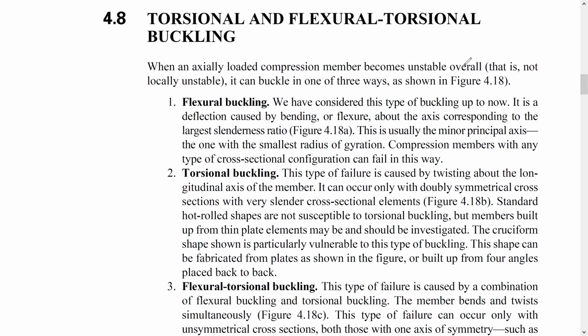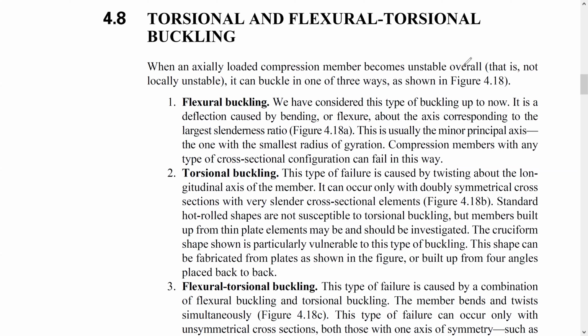Overall instability means global buckling, or we do have local buckling. I think I explained to you what it means to have global or local buckling for the compression members. So this compression member will buckle or fail in three ways.